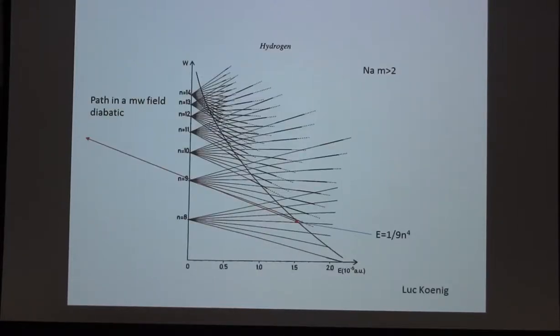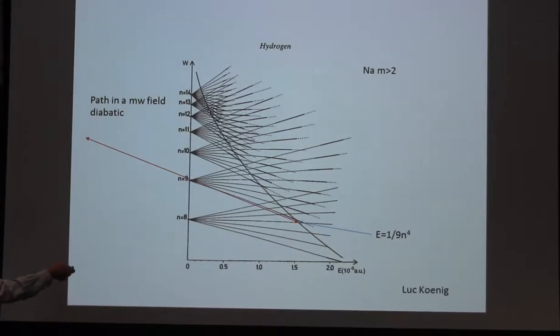So the m equal 2 states look like hydrogen, and this is why 1 over 9 to the 4th looks like static field ionization. In the hydrogen atom, atoms in the red-shifted Stark state actually are more easily ionized than in the blue state, because the electron's sitting there at the saddle.